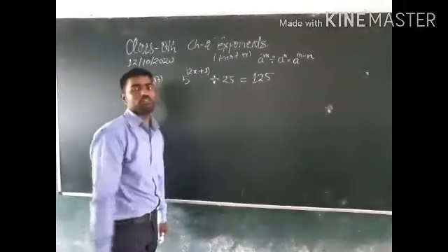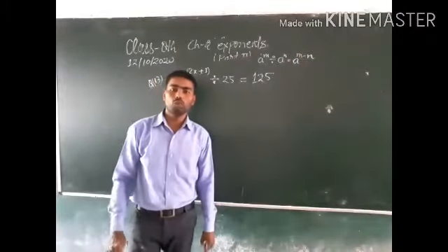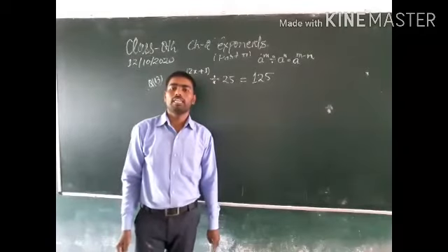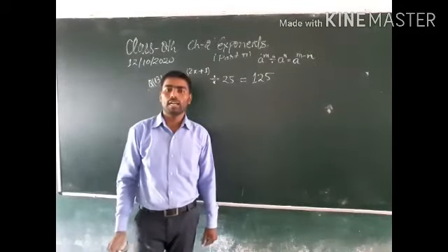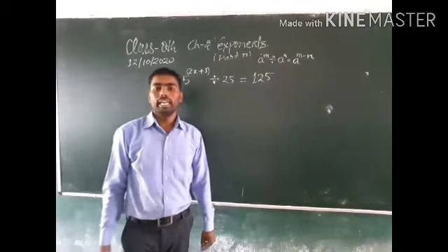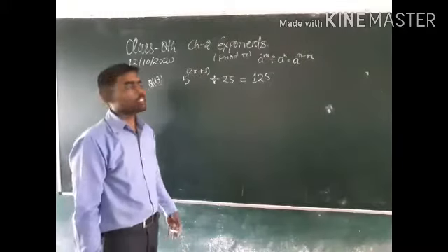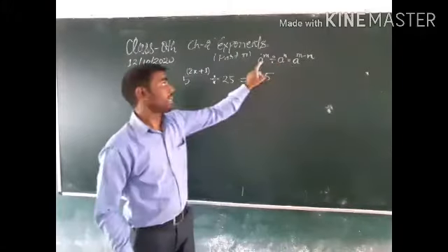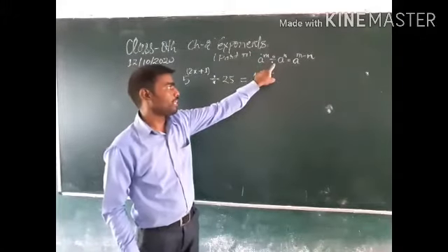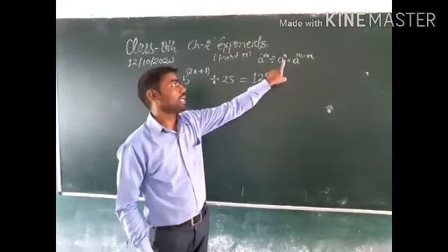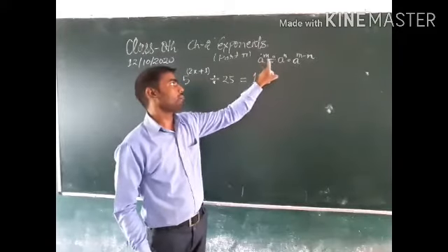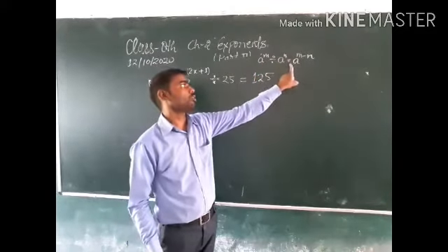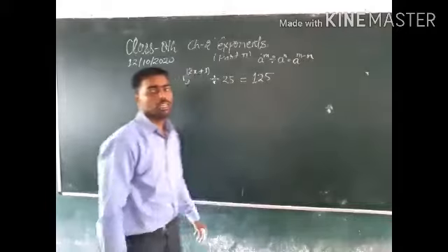And also the formula (a/b) to the power m divided by (a/b) to the power n is equal to (a/b) to the power m minus n. It is also a formula from class 7.